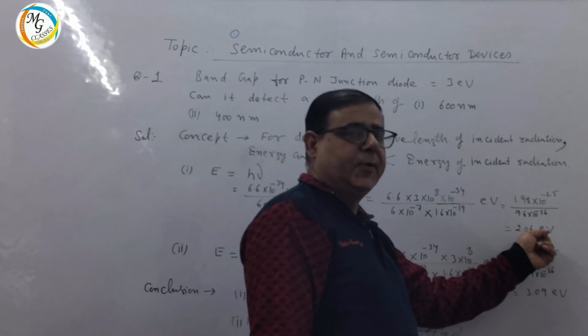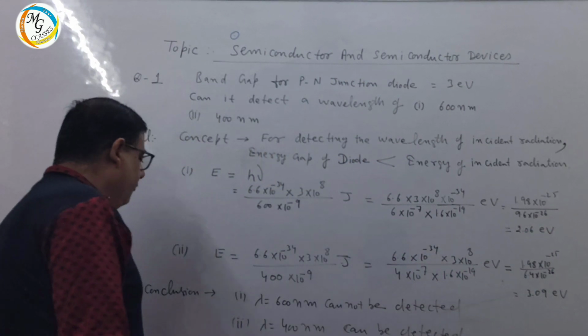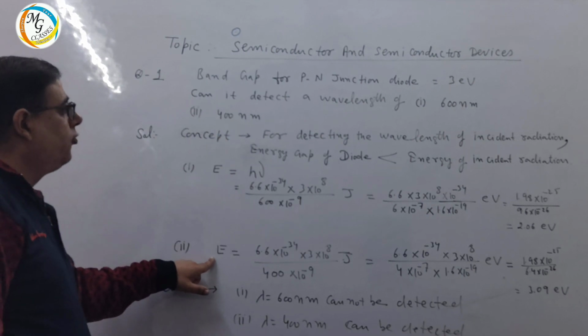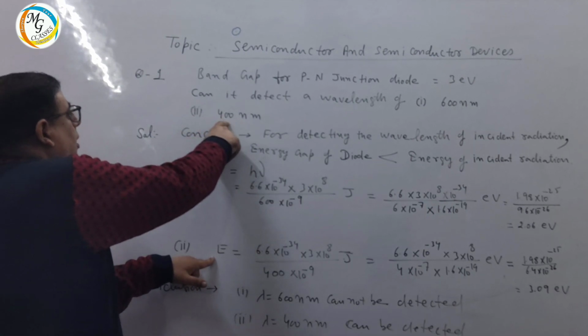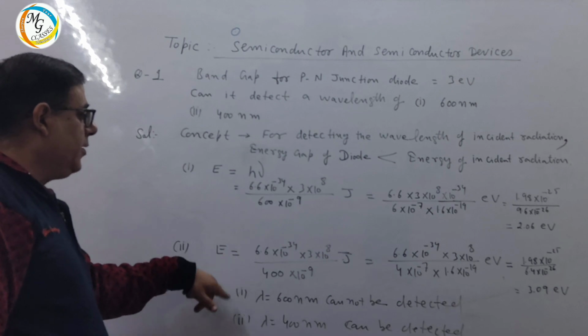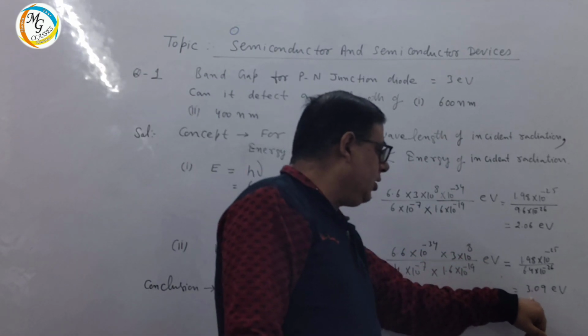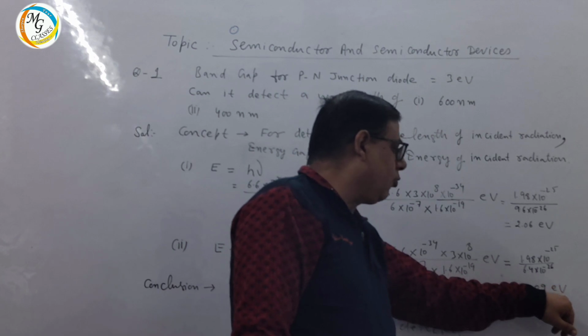So this is the first part. Similarly, we can calculate the energy of the incident radiation for the wavelength 400 nanometer, and its value after simplifying is 3.09 electron volt.